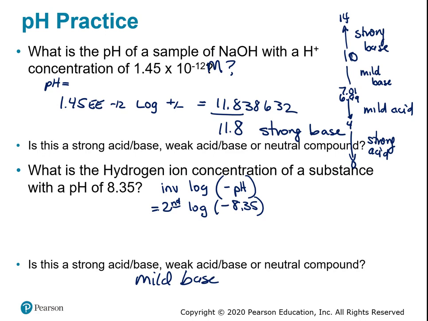0.00000000004. See, in this one, you can't see enough decimal places unless you put it in scientific notation. Negative 9. Did you get that?